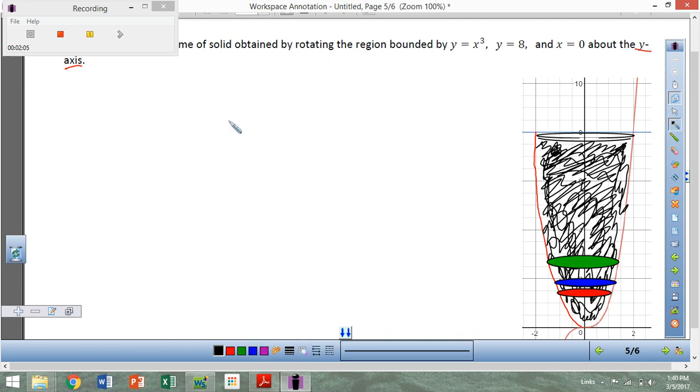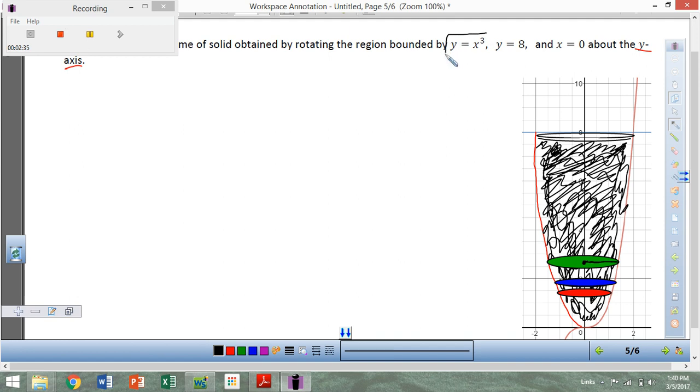Okay, so what's the difference here? The difference is that if I revolve about a vertical line, like the y-axis, my radius is going to be determined this way, horizontally, and that means that my function needs to be not in terms of x, but in terms of y.